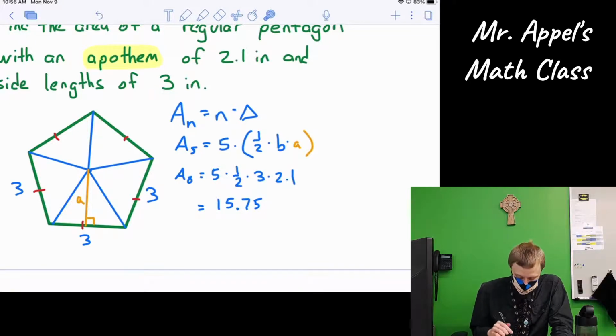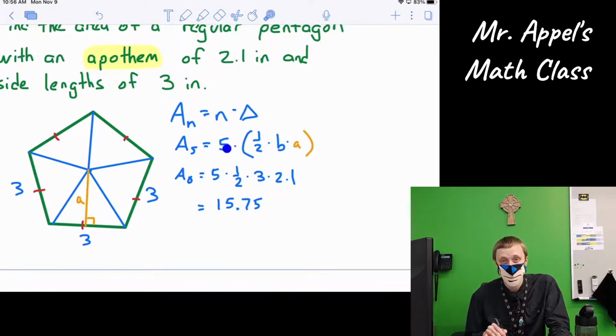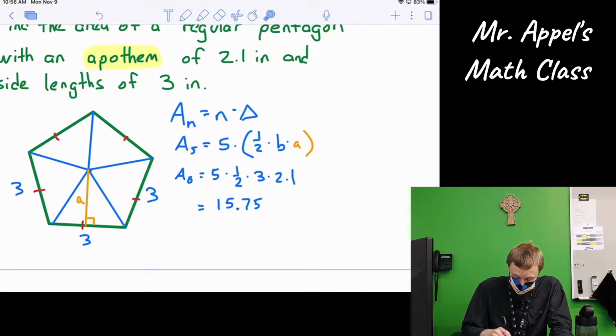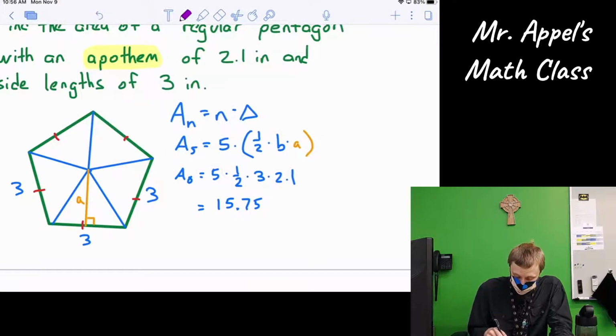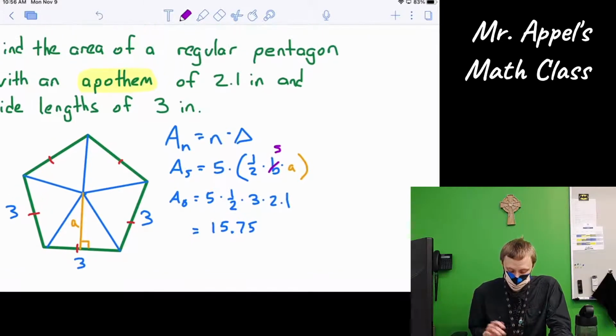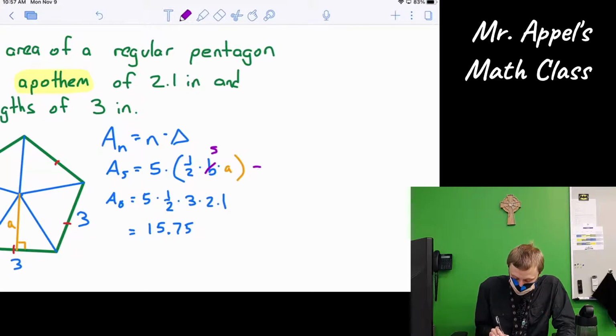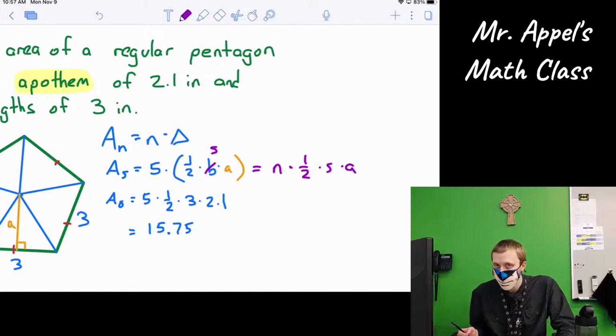Since we know we're always going to multiply by the number of sides, the base of our triangle is the side s of our polygon, always. Then we can say this is always equal to number of sides times 1/2 times side length times the apothem.